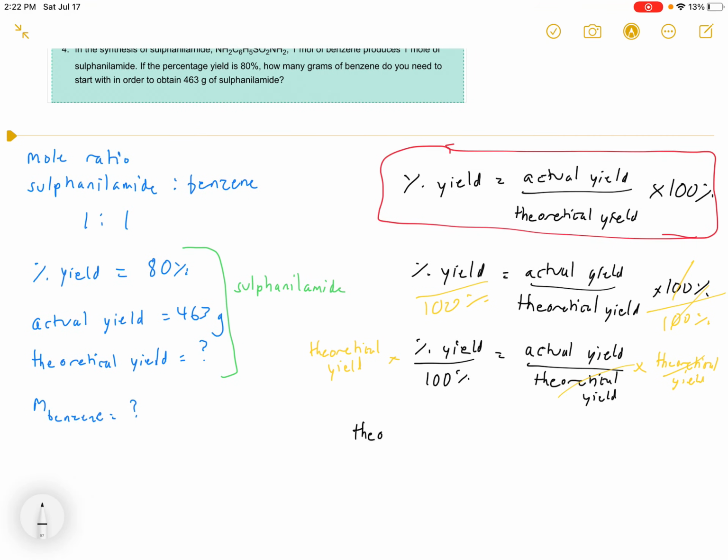And then we're left with the theoretical yield. And again, I realize that this could have been done in less steps. I just want to make it really clear where all the numbers are coming from. So theoretical yield times percent yield over 100% equals the actual yield.